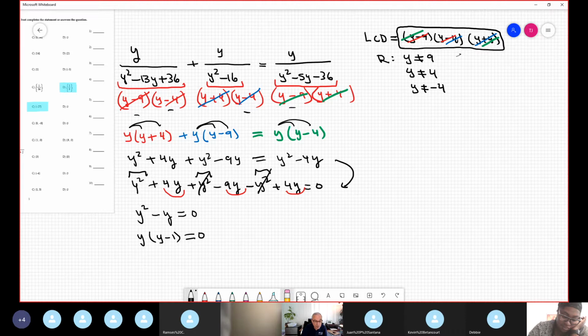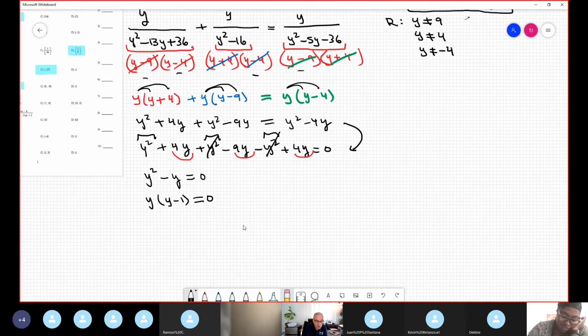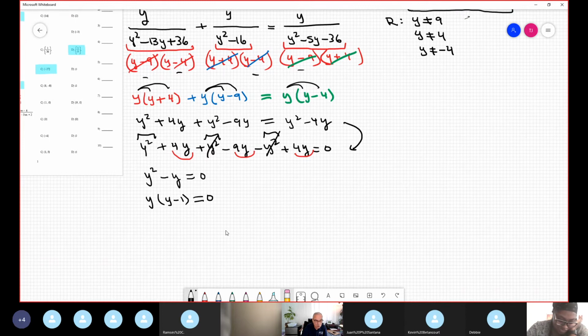So at this moment I apply the zero factor property. When you factor, each factor must be equal to 0. Y is equal to 0, which is the first factor, and y minus 1 equal to 0, which is the second factor, equivalent to y equals 1. So the solution is y equals 0 and y equals 1.